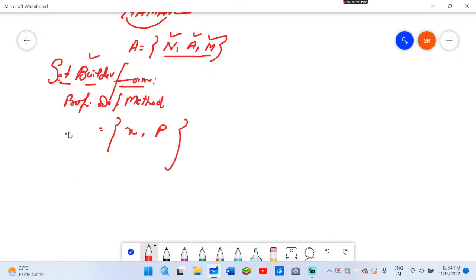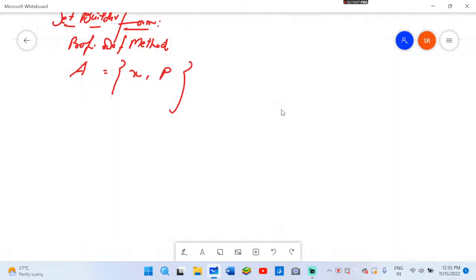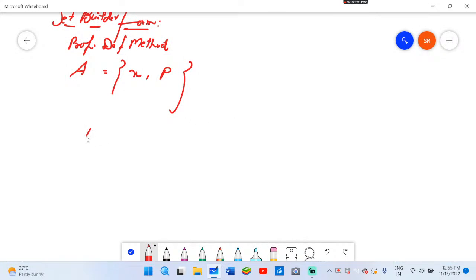For example, if I say set of natural numbers less than 10, so set A will be X, such that, it stands for such that, X belongs to natural numbers and X is less than 10.